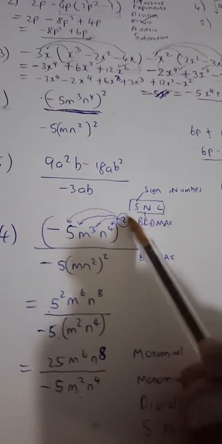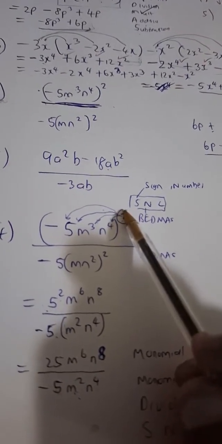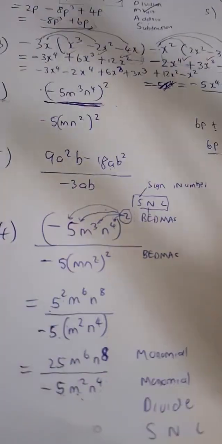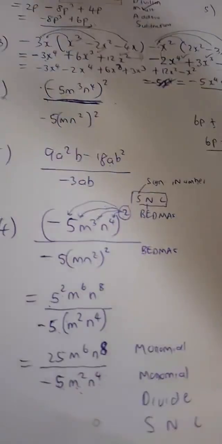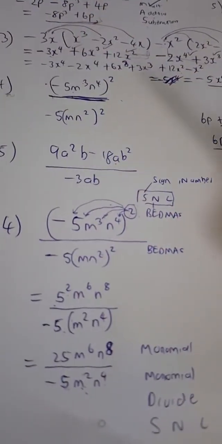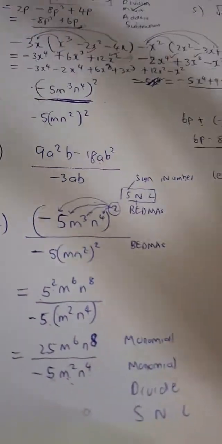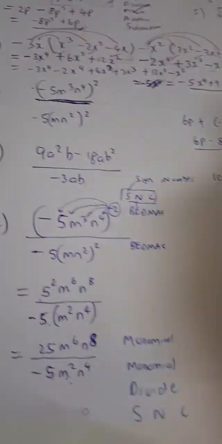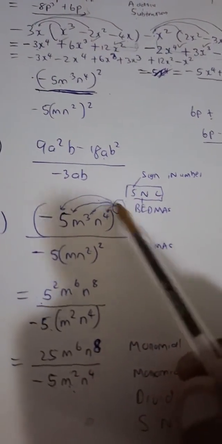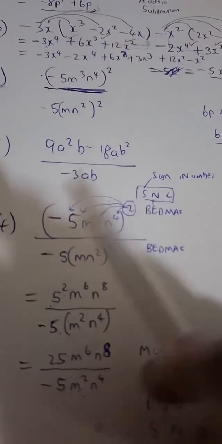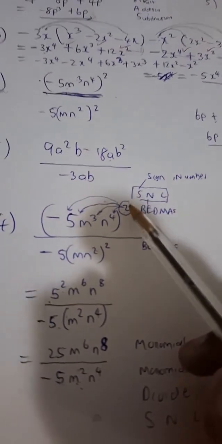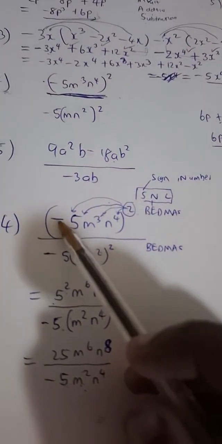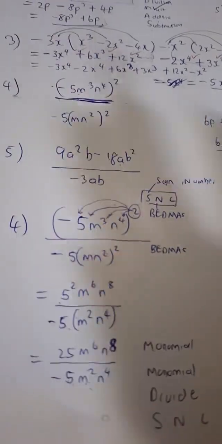But if it was an odd exponent, odd number, you guys know what even numbers are. Even numbers are numbers that are divisible by 2. 0, 2, 4, 6, 8, 10, 12. If it's that kind of exponent, it always changes the negative sign to positive. But if it's an odd exponent, the negative sign would have stayed or remained the same.